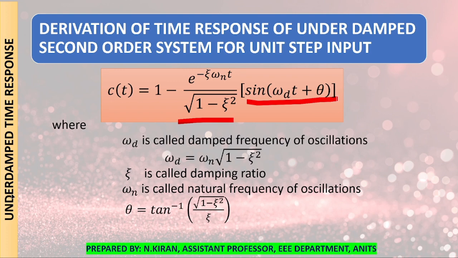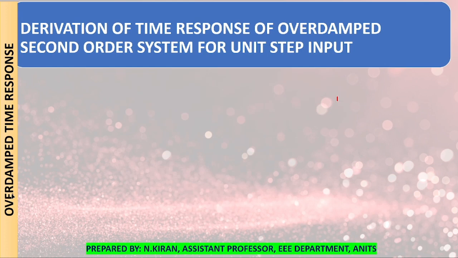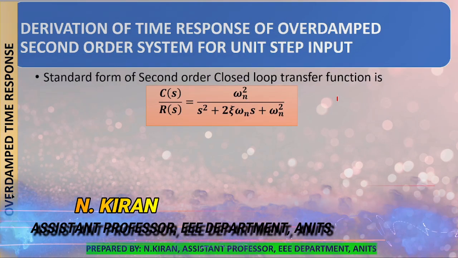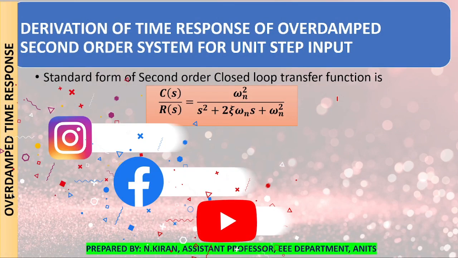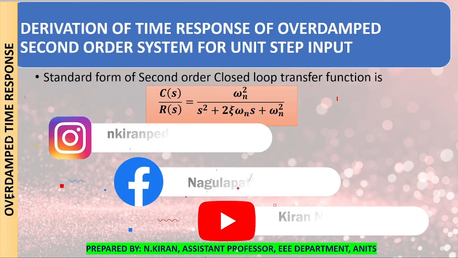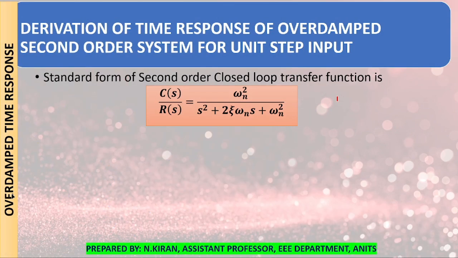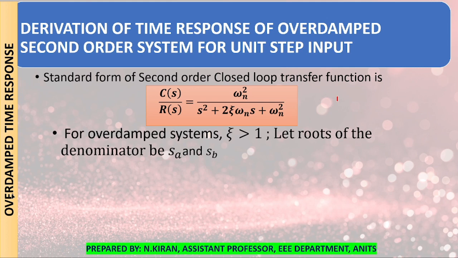The third derivation is the overdamped second order control system. Since it is overdamped, the zeta value is greater than 1. We know the standard form of the second order closed loop transfer function, that is C of s by R of s is omega n square by s square plus 2 zeta omega n s plus omega n square.